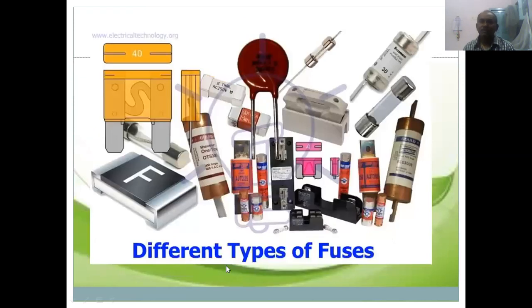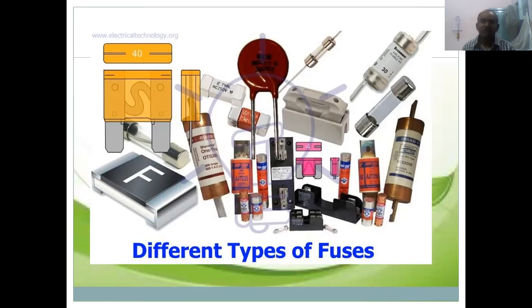Now, this is another family, the switches. What we have seen is that switches are mainly used to control electrical devices, and switches are classified based on their applications, their terminals, and their operation, whether single throw or double throw.